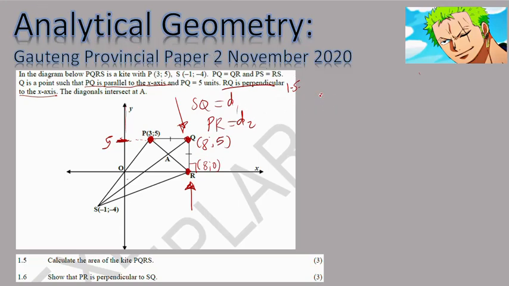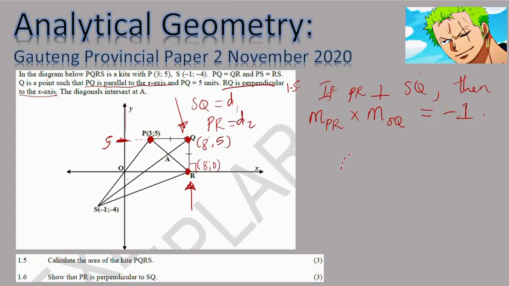We are saying here, for you to prove that, we're going to say if PR is perpendicular to SQ, then the gradient of PR multiplied by the gradient of SQ will be equal to -1.